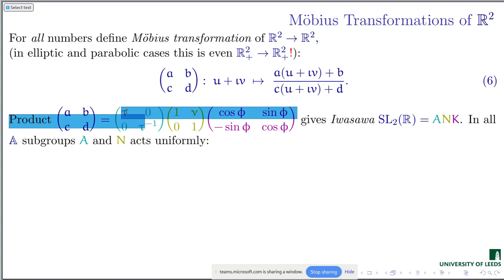So we have this diagonal matrix, this upper triangular matrix, and this compact matrix from subgroup K. It is easier to start from the diagonal and upper triangular matrices, and we are working in all three situations. So here there is that iota, which may be any of the three possibilities which we discussed before.